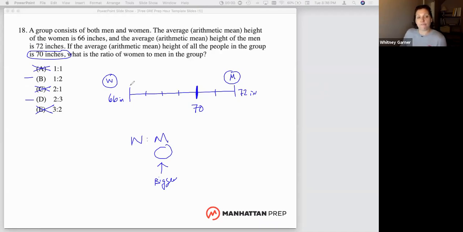Now let's look for the ratio. It is 4 units towards men, and it is 2 units towards women. That means that this is a ratio of 2 to 4, which reduces to what?